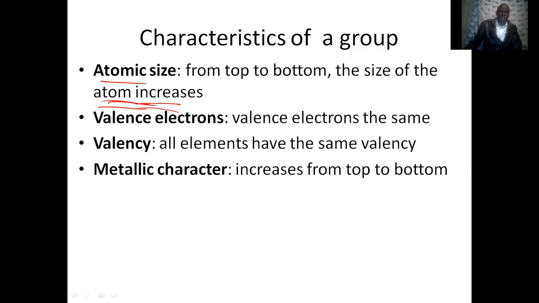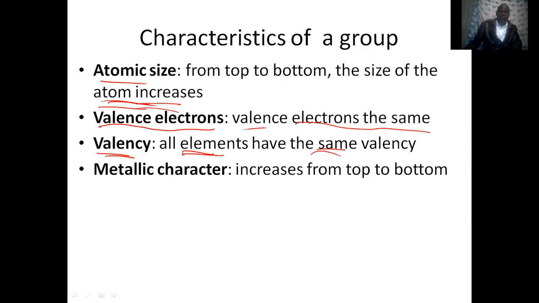Then the valence electrons, that is the number of electrons in the outermost shell, are the same in each group, and therefore the characteristics will be the same for that particular group. And then the valence, that is the number of electrons which will be gained or lost for an element to attain stability, is the same as well.